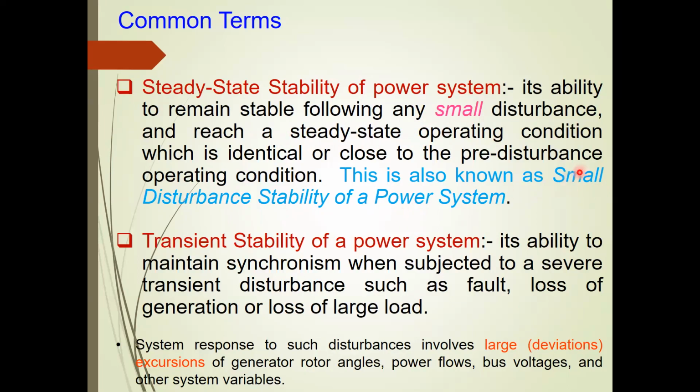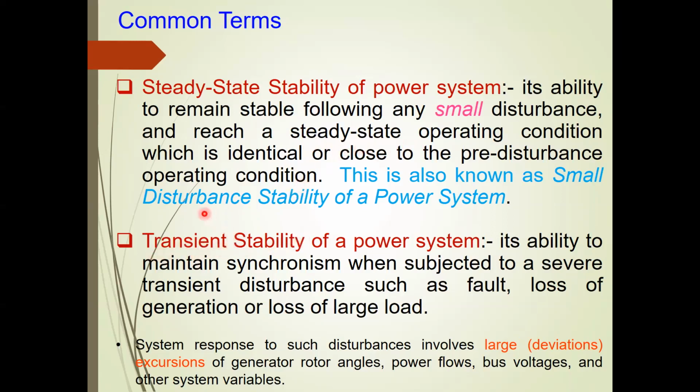So small disturbance stability is for small disturbances only, and in that case we assume that the system is able to achieve a steady state operating condition. That means there is no deviation in the system variables here. The system is at steady state, right?